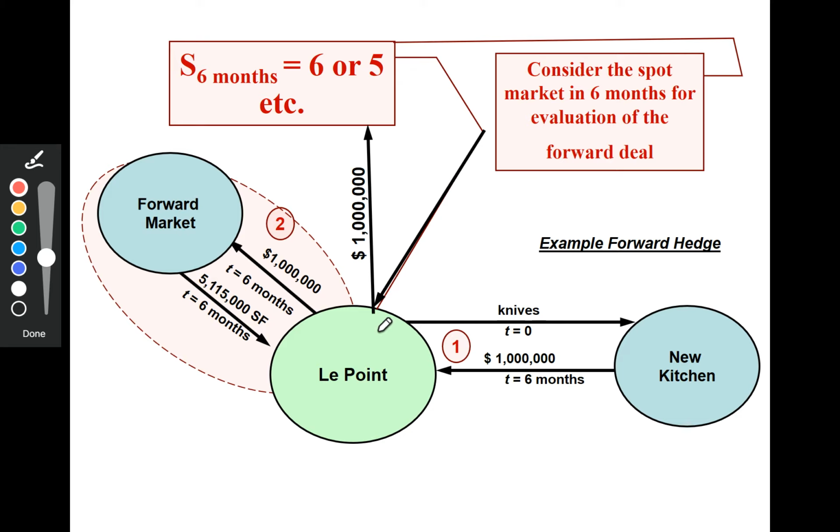You have to pay more premium. Here too, if we want a better hedge, it's available, and it's called option hedge, which we'll discuss in a minute. But forward hedge does not cover us in case of bankruptcy of New Kitchen.